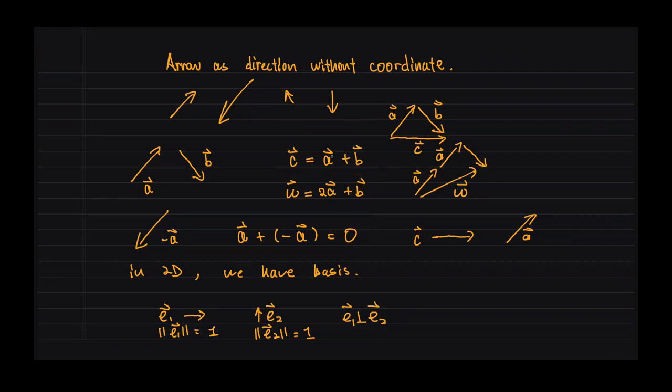So if we can describe A with E1, E2 and B with E1, E2, we can also describe C with E1, E2. If you just look at A, you will see that it's roughly 1 E1 plus 2 E2, right? And then if you look at B, it is equal to 1 E1 plus, no, minus E2.